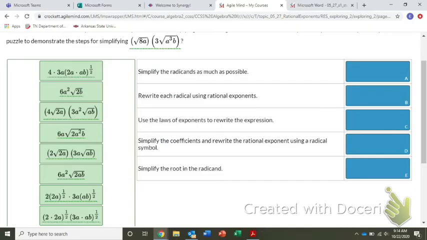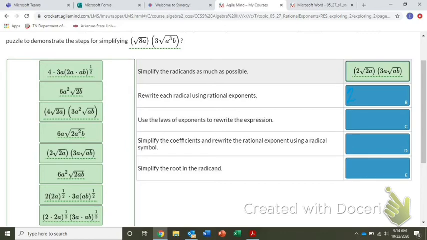So back over on Agile Mind, the first box when we simplify is going to be right here. Okay? Now, it says to rewrite. When we rewrite, remember we just bring down the first 2. Because we don't have anything to do with it.